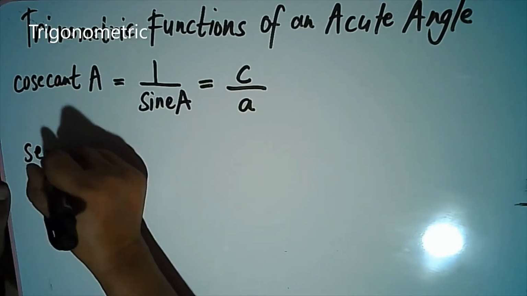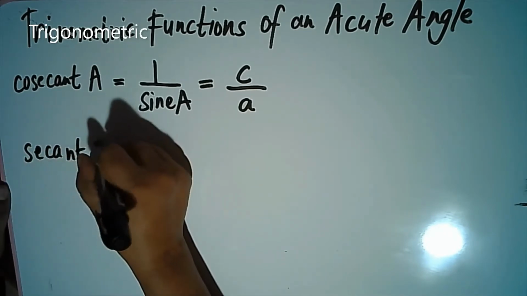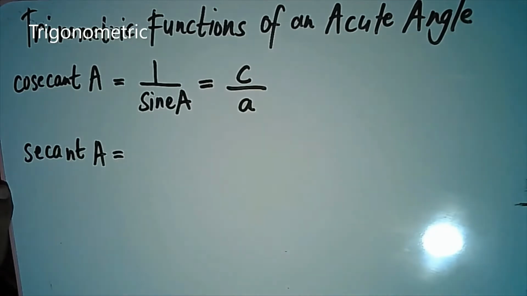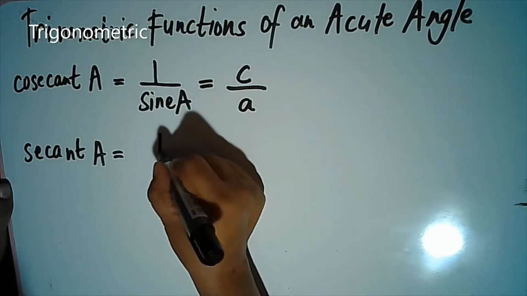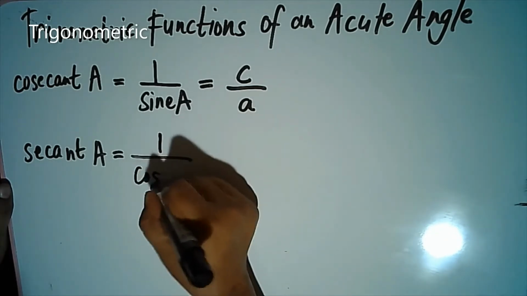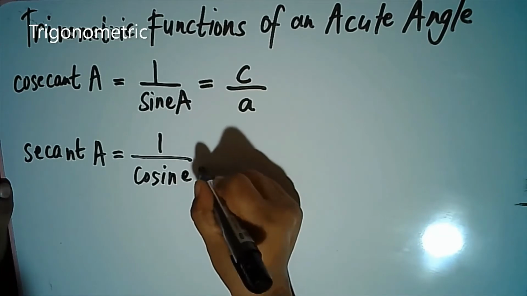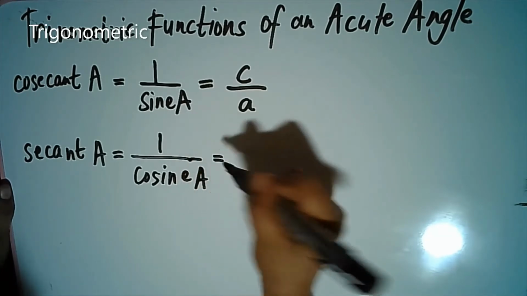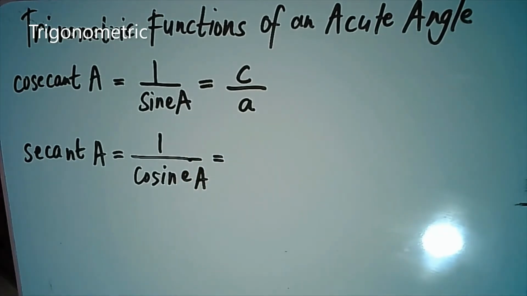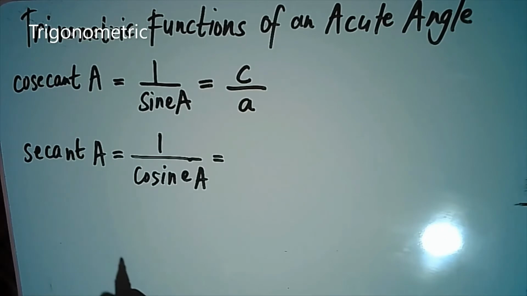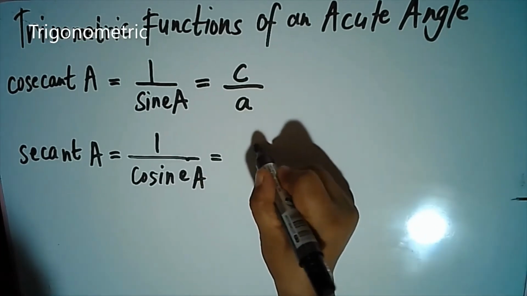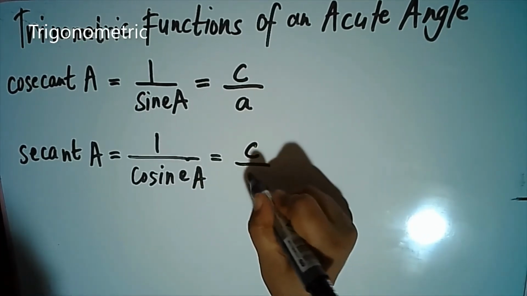And secant A is equivalent to the reciprocal of cosine A. Based on our right triangle, cosine A is equal to b over c, so the reciprocal would be c over b.